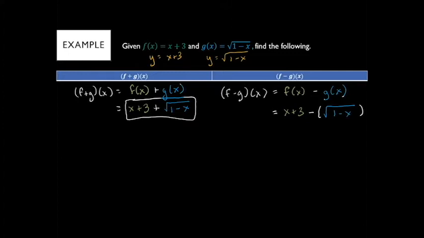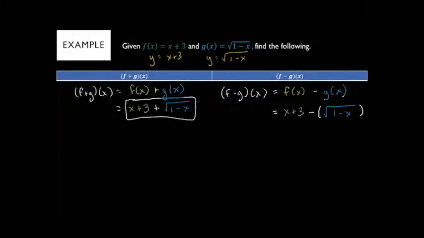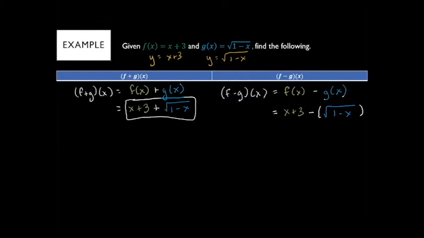And this would give us minus the square root of 1 minus x. So you're just literally taking what our formula says for these operations. So you're just rewriting it, and then on the right side, you're replacing the function with what it's equal to, and then simplifying.